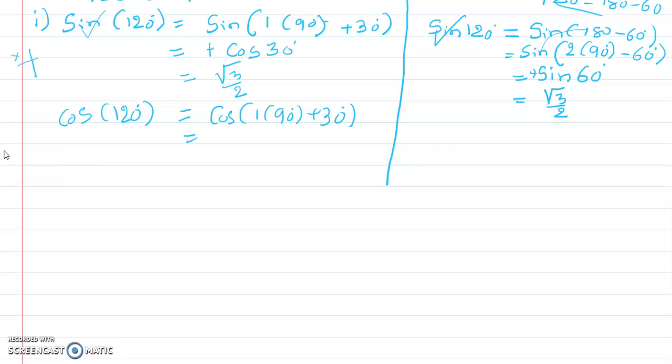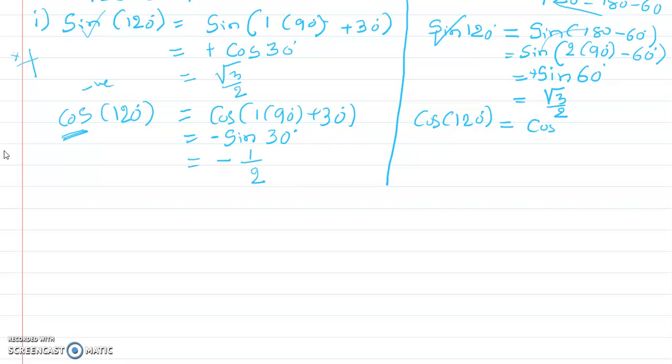Since n is 1, it is odd, cos changes to sine 30 degree. And in the second quadrant, you know, only sine and cosec are positive. There is cos here. This cos is negative. So, I will put negative sign. Minus, what is sine 30 degree? 1 by 2.